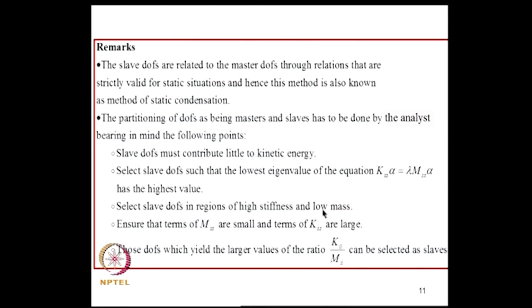That is, I am reiterating the same statement in a slightly different way. Yet another way of saying a similar thing is, those degrees of freedom which yield the larger value for this ratio can be selected as slaves. So, you can order all the degrees of freedom based on this ratio and select as many slaves as you need by comparing this ratio.